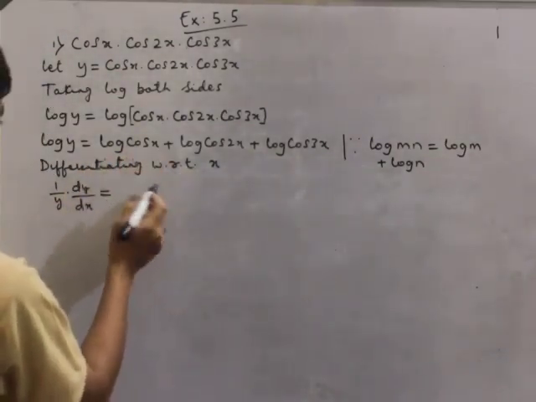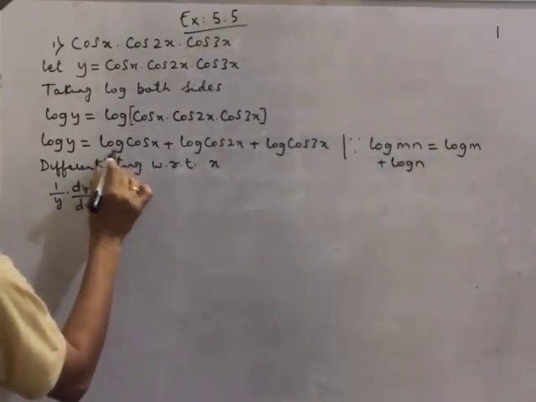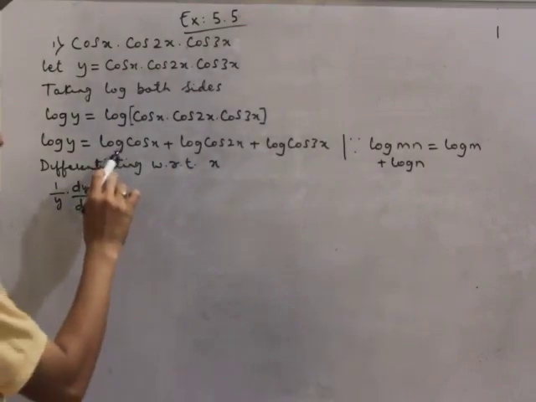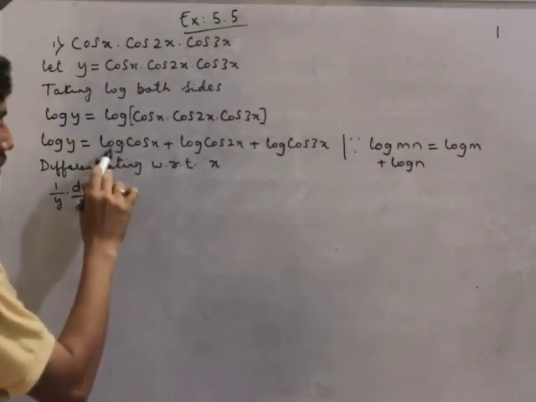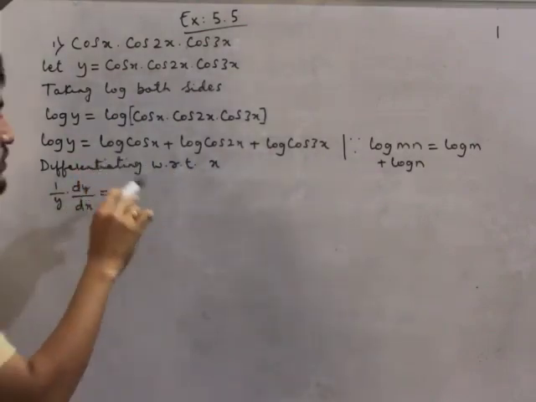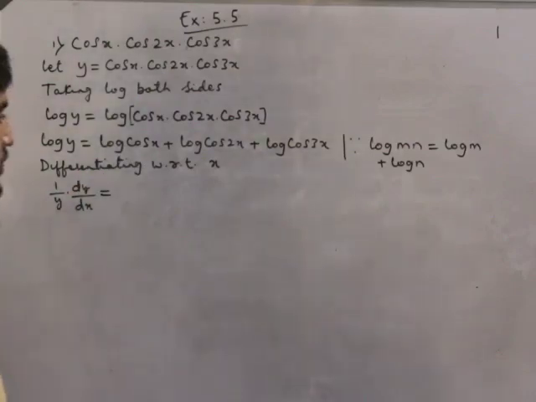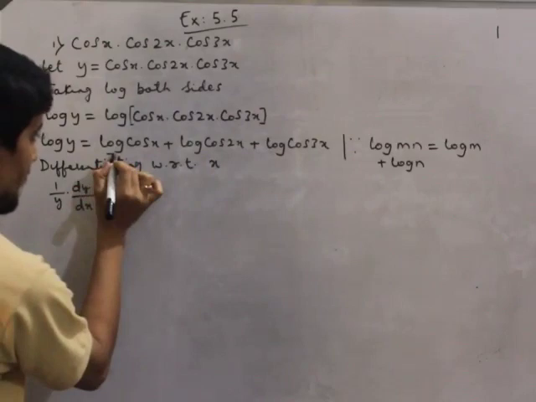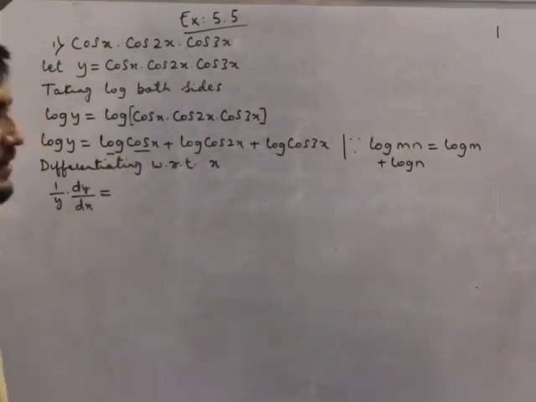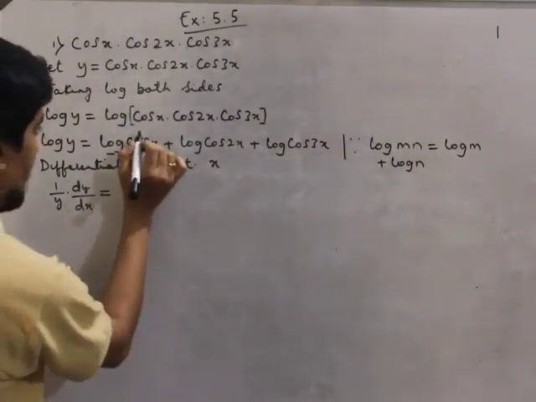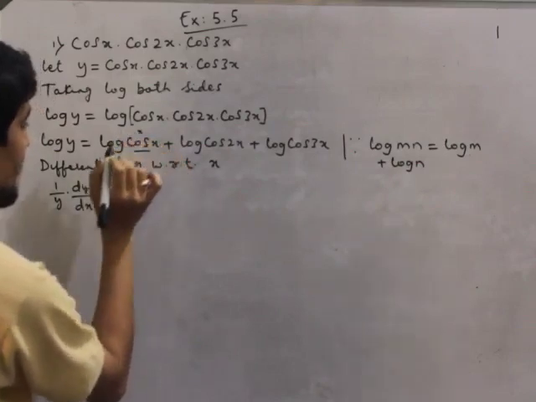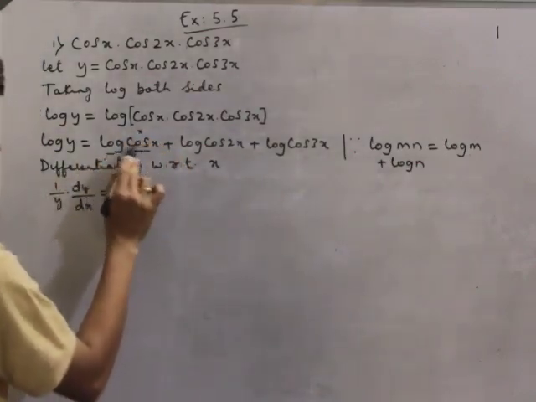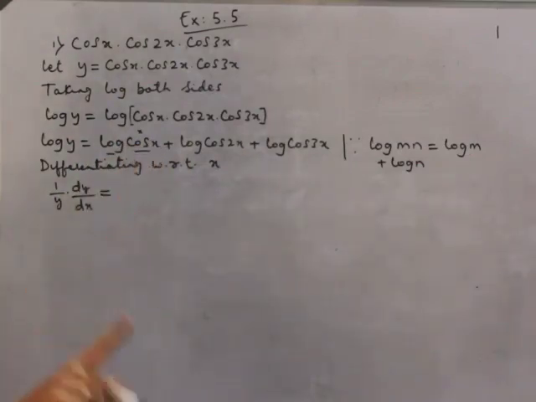Log cos x is of the form composite function. So when we have composite functions like this, we use chain rule to differentiate. So log cos x, first differentiate log function, then differentiate cos function. This entire cos x, I will consider it as x. So log cos x, differentiation of log x is 1 by x.